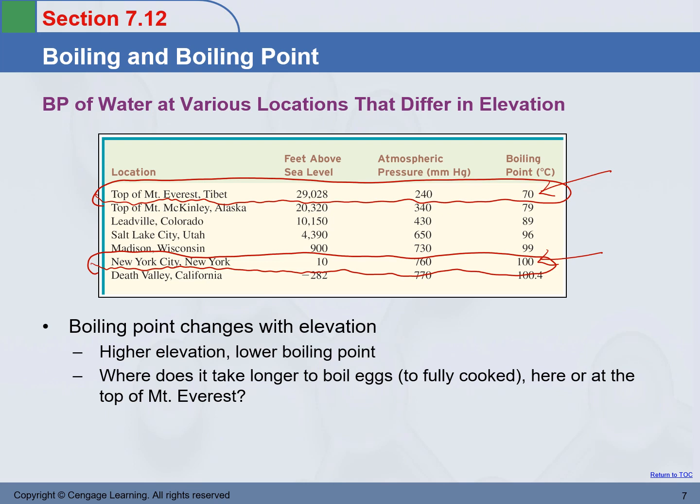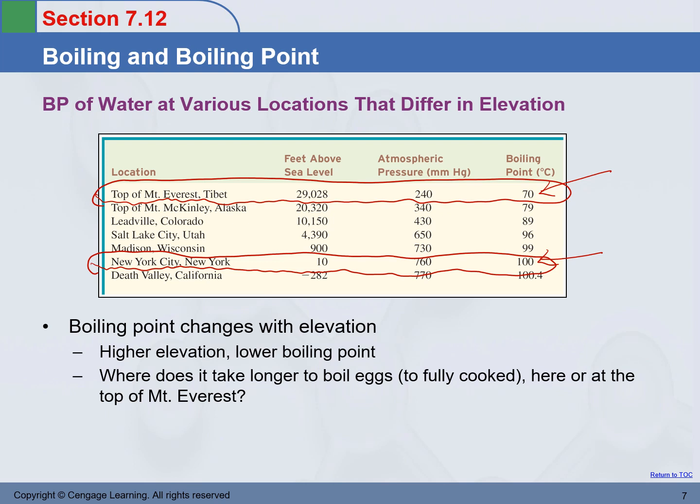So once both places' water reaches 70 degrees Celsius, the Tibet water pot will start boiling, and the temperature will stay at 70 degrees Celsius. Our water temperature keeps rising, eventually reaching 100 degrees Celsius, and the water starts to boil.